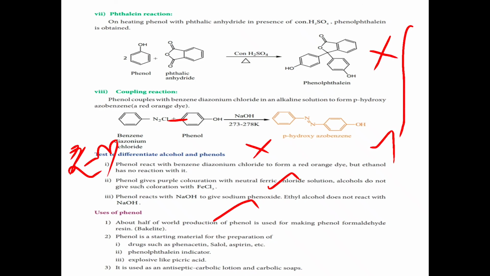These are other 2-mark questions. And coming to uses of phenol, phenol is used for making phenol formaldehyde resin, bakelite. I have said this many times in this class. The electric switches we use at home are made of bakelite, which does not melt. It is used so that if an electrical fire occurs, the switches control it and do not catch fire. To prepare that bakelite, phenol formaldehyde is used. And phenol is a starting material for the preparation of drugs such as phenacetin, salol, aspirin, phenolphthalein indicator, and explosives like picric acid.